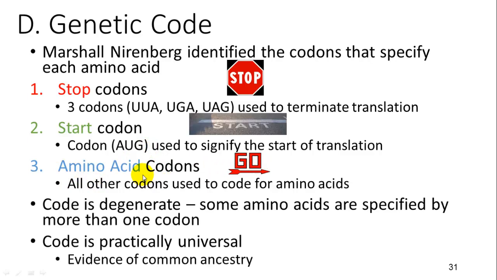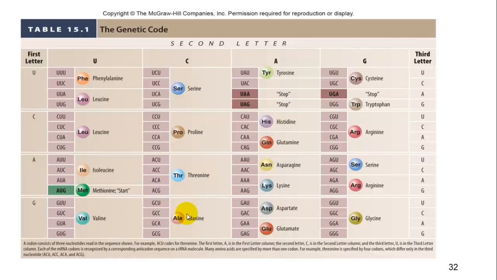The code is degenerate, which means that some amino acids are specified by more than one codon. And it is practically universal, meaning almost all living organisms use the same code. And here are the different codes for each of them.